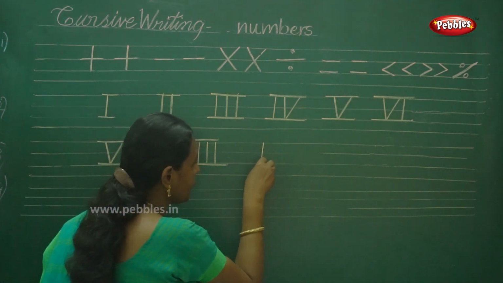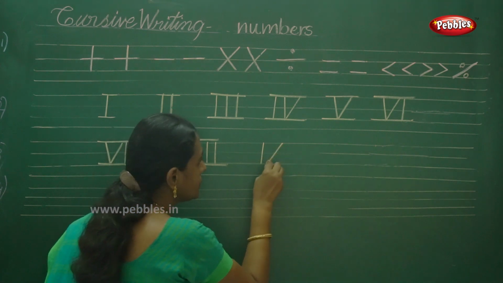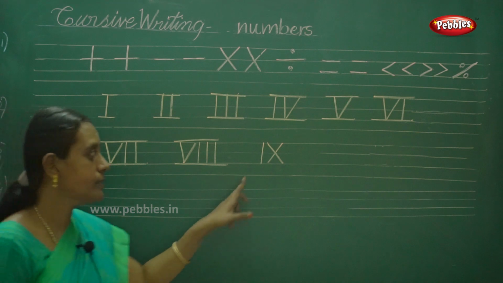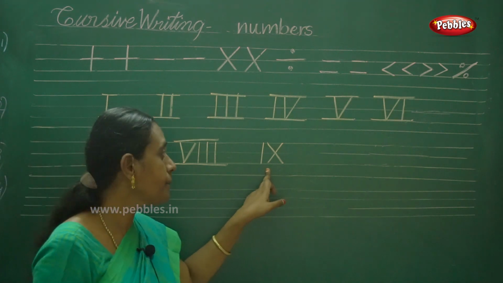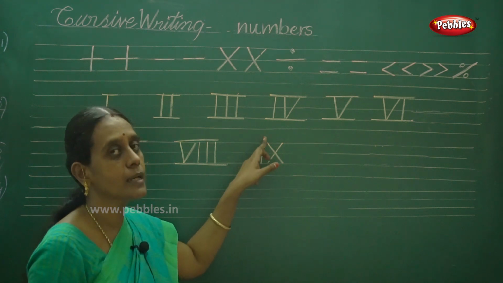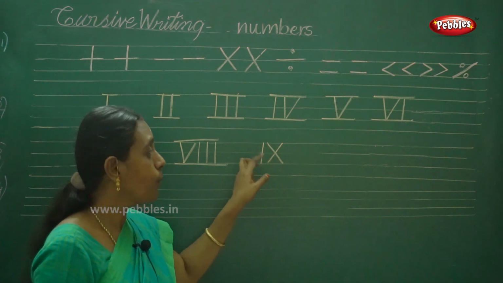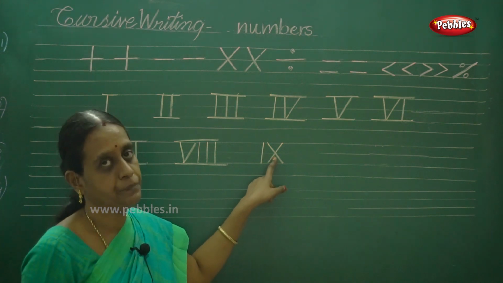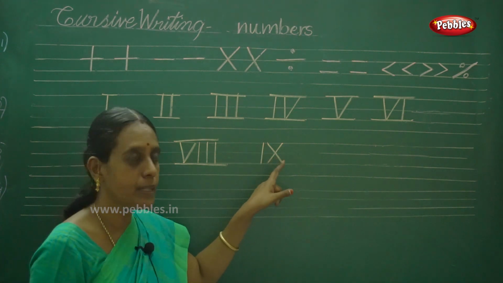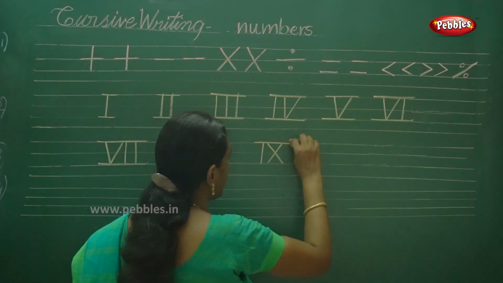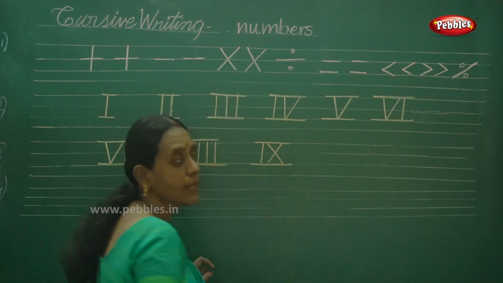And 9: a straight line, that is X. Okay, we already learned in the capital alphabet the right slanting line and left slanting line. Both these lines exactly cross at the top. Okay, we understand that, we will remember. Then 1 before X, that makes your Roman numeral 9.